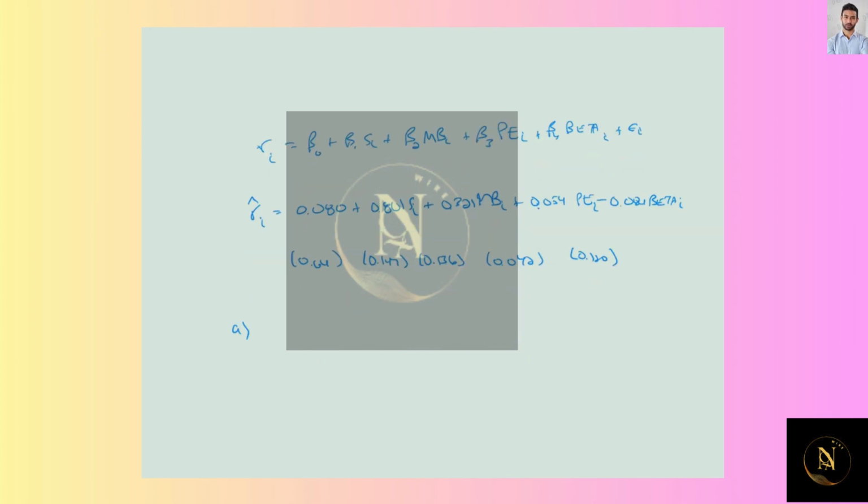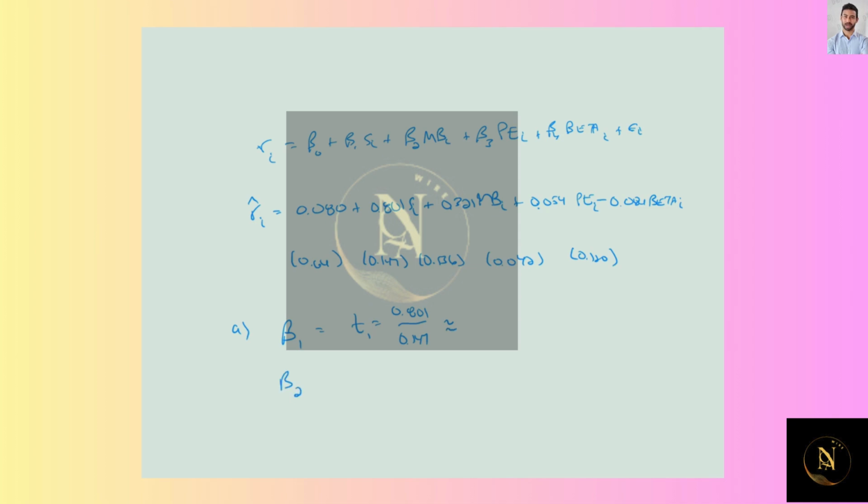The t ratio for each coefficient is calculated by dividing the coefficient by its standard error. So for beta 1, it would be 0.801 over 0.147. I'll calculate that in just a moment.